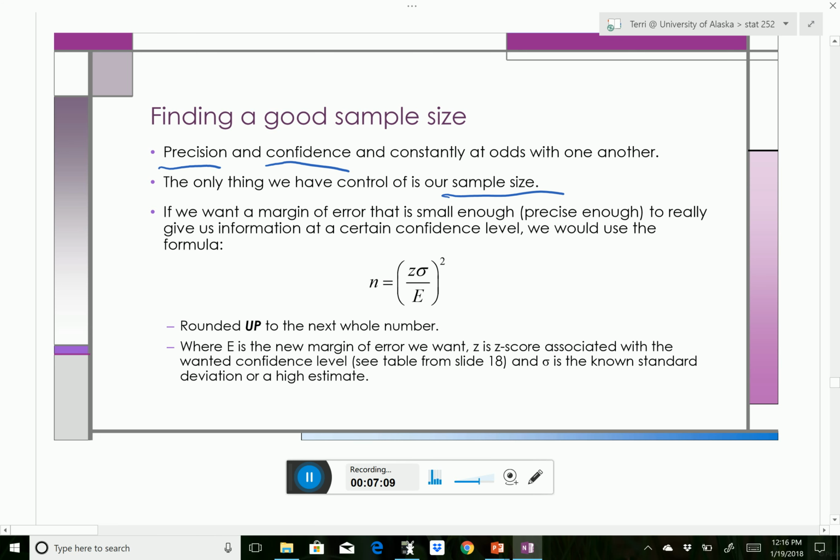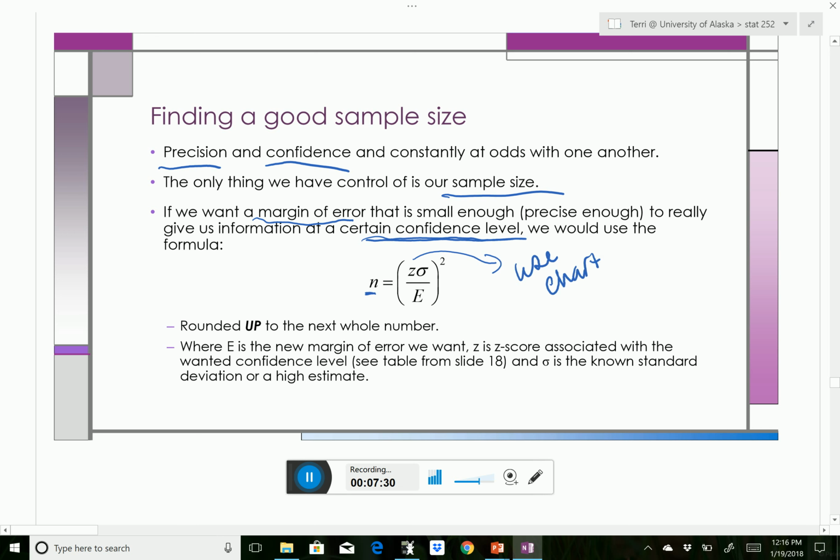We want a margin of error that's small enough to really give us information, but we want to keep a certain confidence level. In order to find that, we're going to use the formula for the sample size n, which equals z, and this uses the chart.